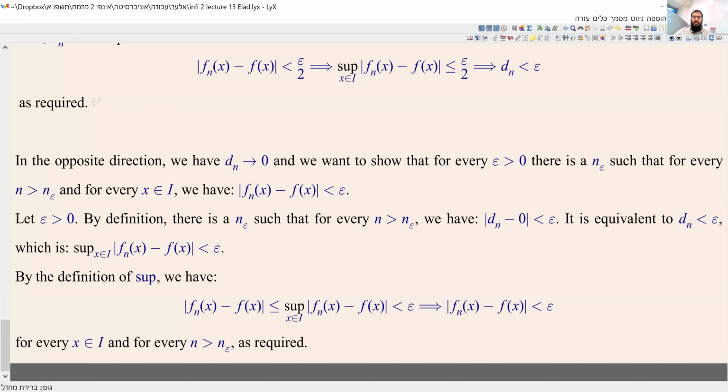So dn goes to 0 if and only if the sequence is uniformly convergent. Any questions about the direction?